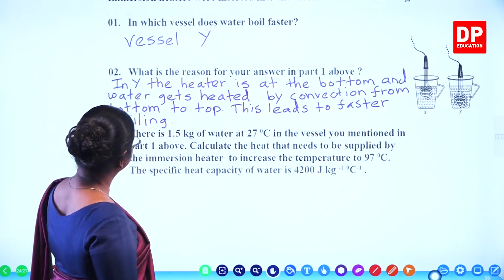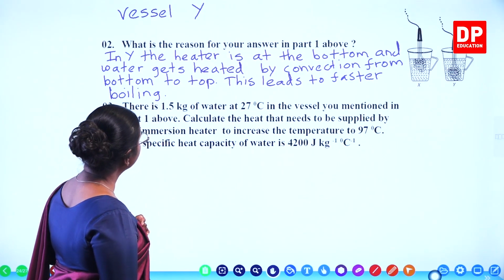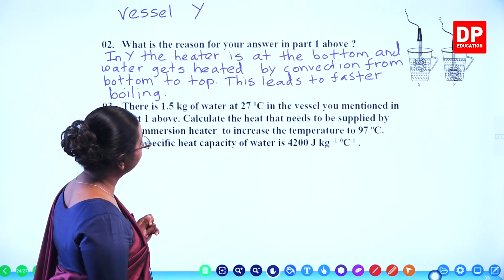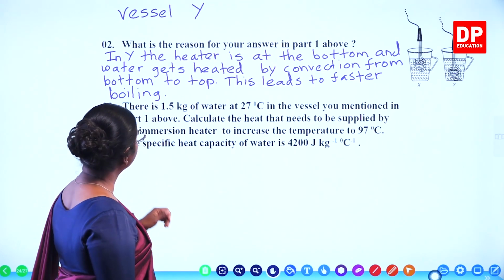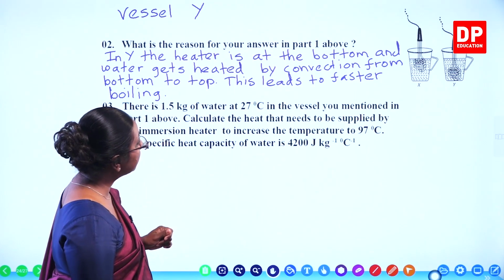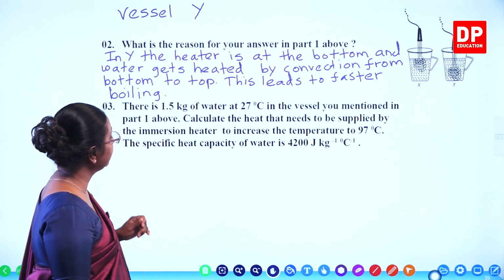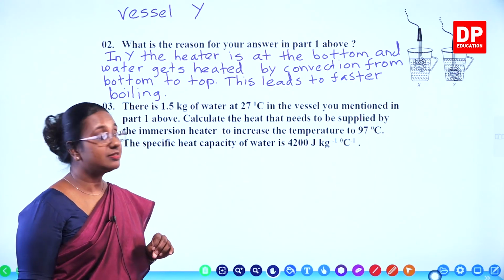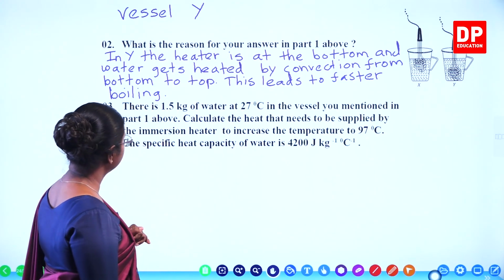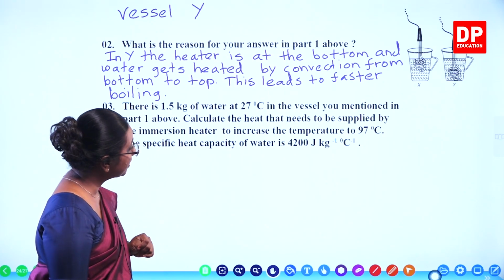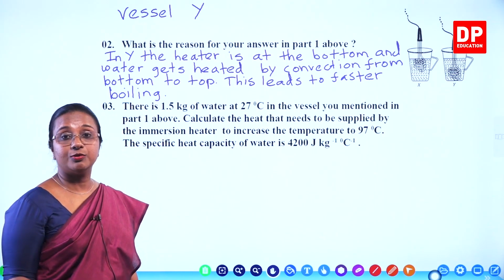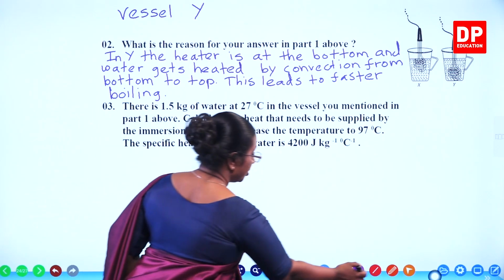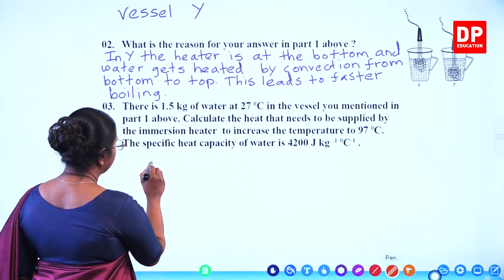Then the next question. There is 1.5 kilogram of water at 27 degrees Celsius in the vessel you mentioned in part 1 above. Calculate the heat that needs to be supplied by the immersion heater to increase the temperature to 97 degrees Celsius. Specific heat capacity of water is given to you as 4200 joule per kilogram per degree Celsius. So you are familiar with this type of calculation.